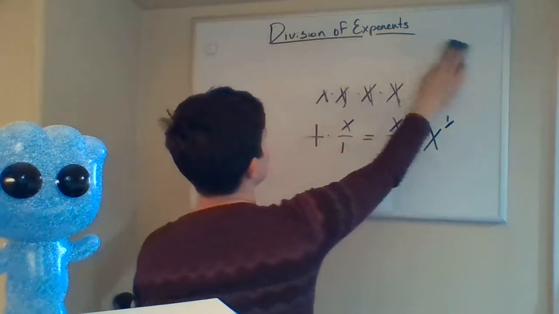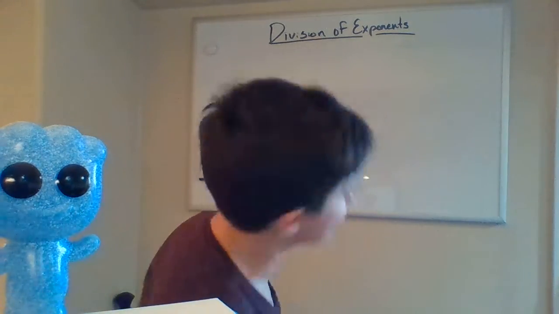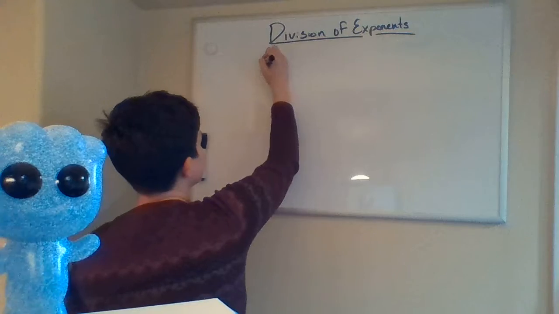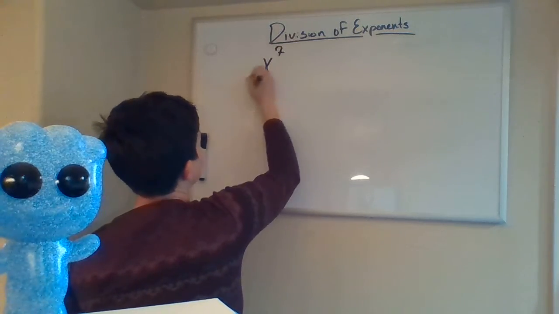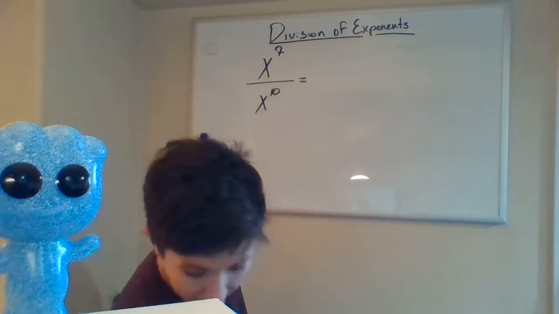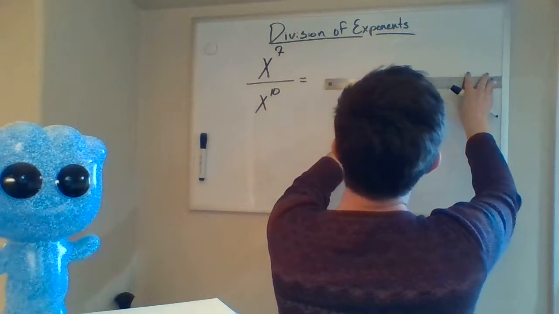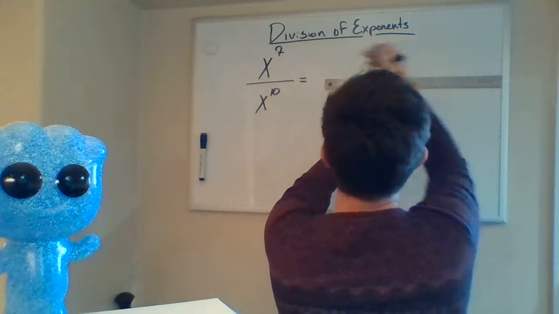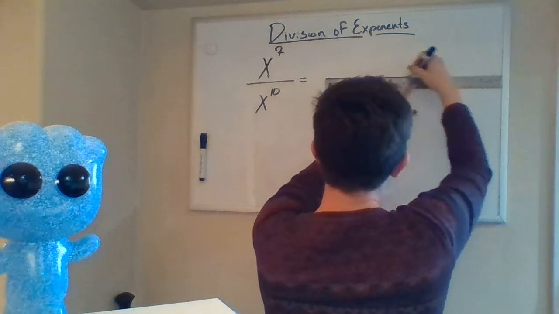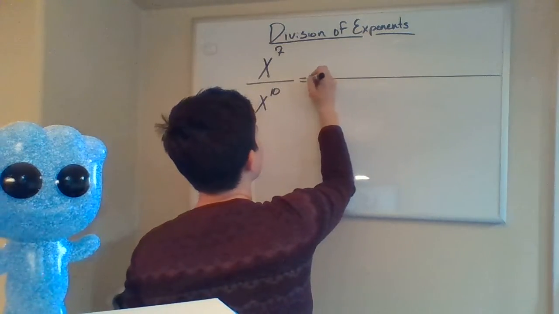In this case, I want to show you what it looks like when I have a bigger exponent on bottom, because that does change a couple things around. Let's say I have x to the 7th over x to the 10th. I know I just signed myself up for a lot of writing, which is why I am recommending you figure out a quicker way than expanding, because expanding only really works when you're dealing with things that are under 10.